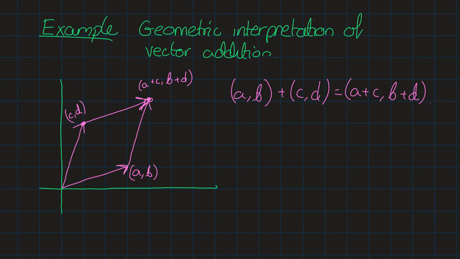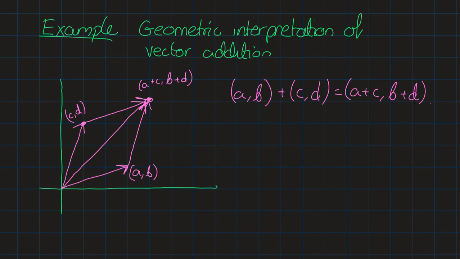And the vector which is the result of the addition is the one that goes from the origin right to the end. And now everything's a mess because you can't see my arrowheads, but you can imagine what's going on there. The answer is the vector which ends at this point right here.